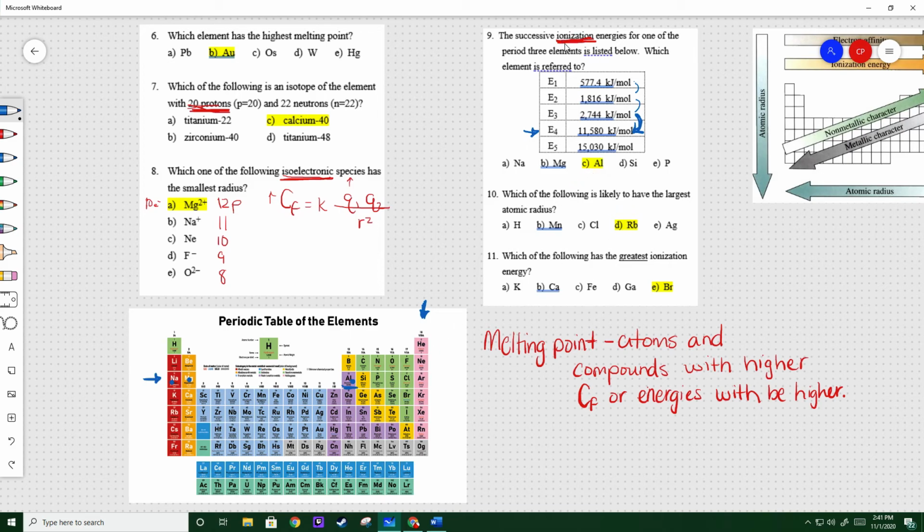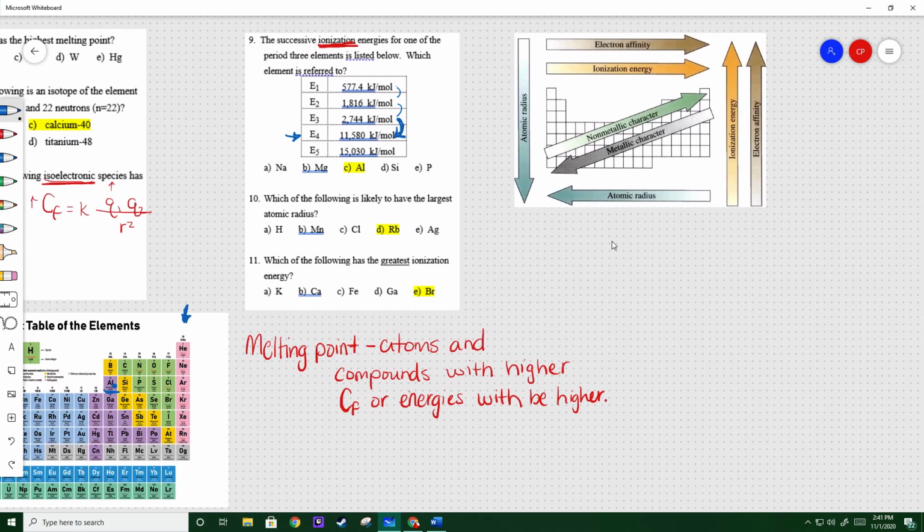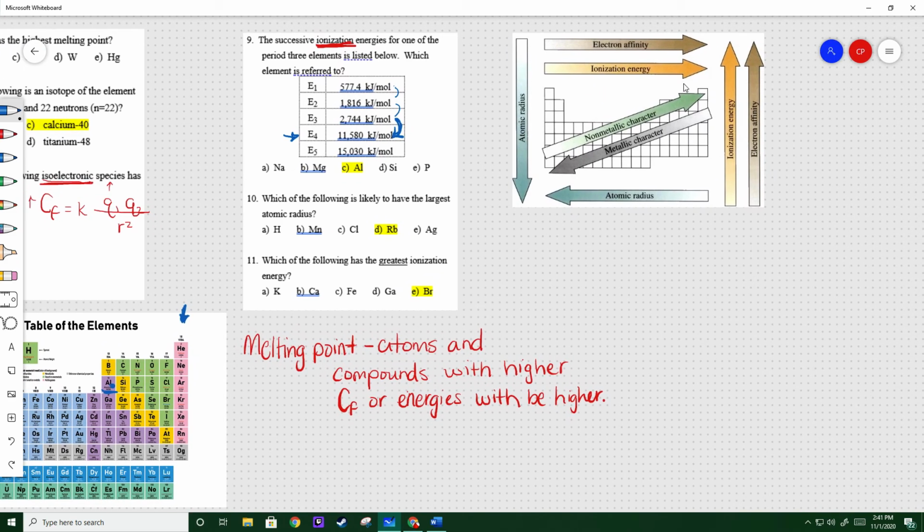So remember, a couple of you asked about ionization energies. It's just how much energy it takes to remove an electron. And we see these trends here. As you move from left to right on the periodic table, in the same period, or row, you're going to see an increase.